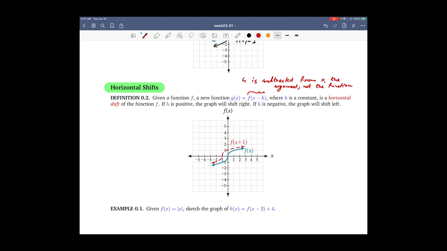Such a transformation is called a horizontal shift, and we will see in a minute that it is indeed graphically a horizontal shift.